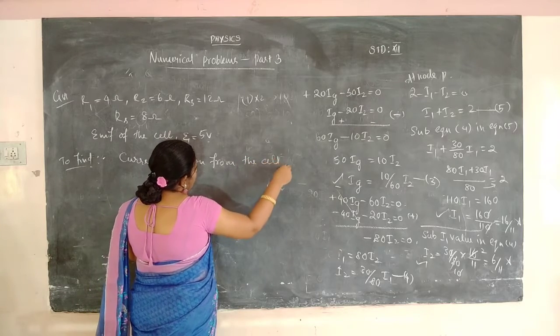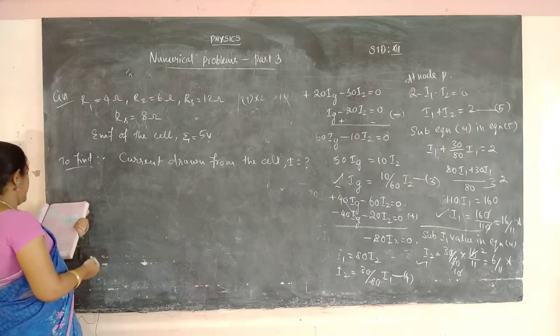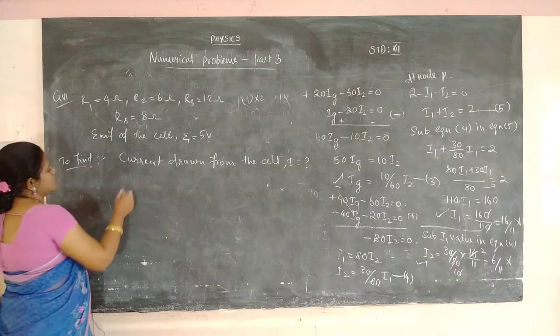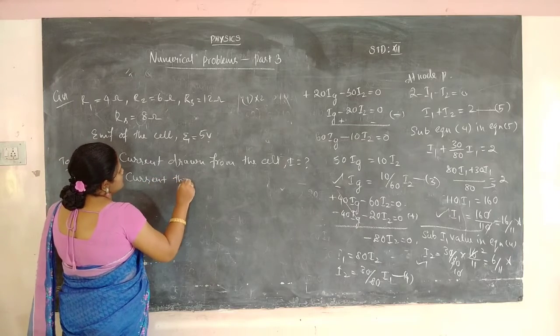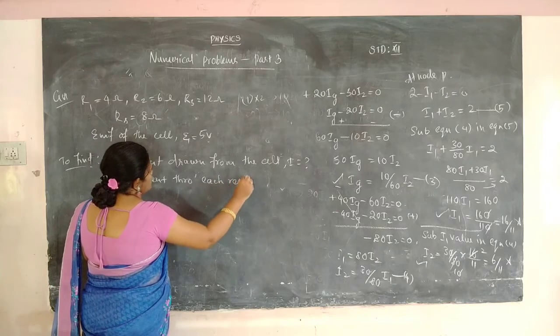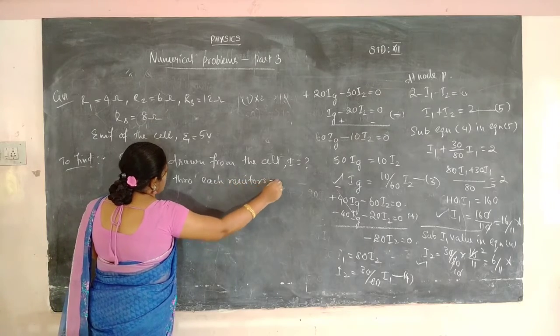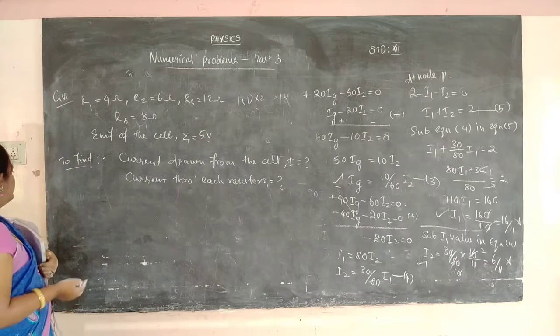We have to find how much current flows in the cell. Okay. Then we will calculate the current through each resistor. Current through each resistor is equal to question mark. So these are the given values and what we have to find out. Okay?